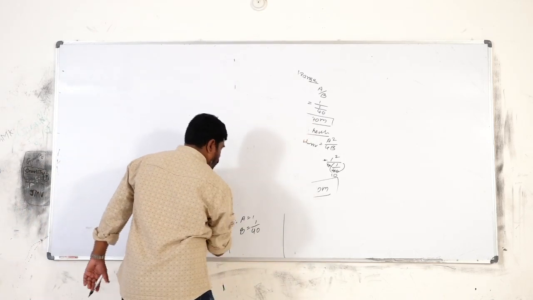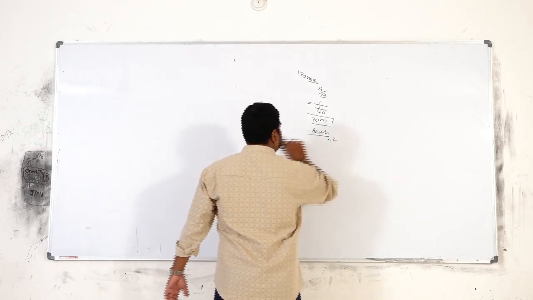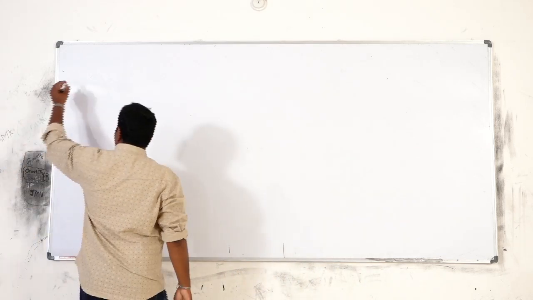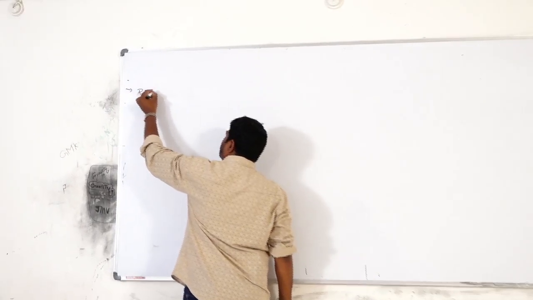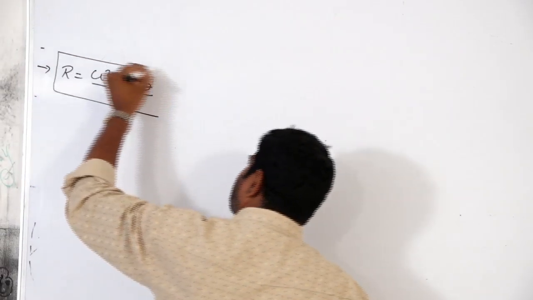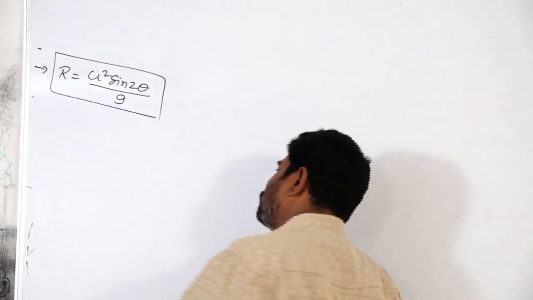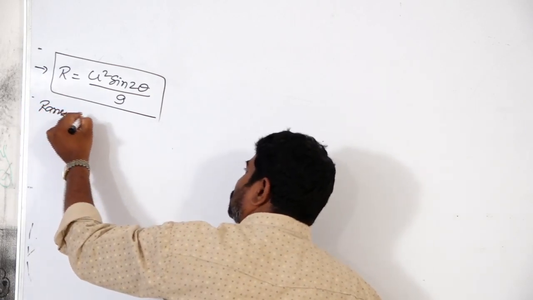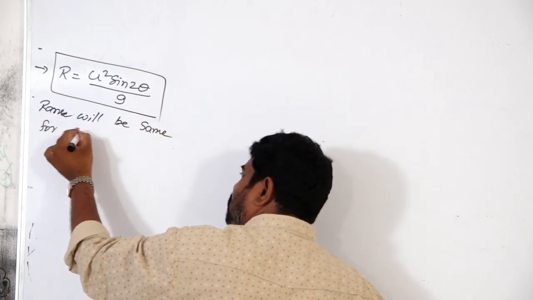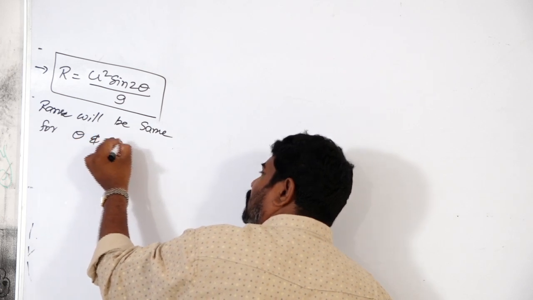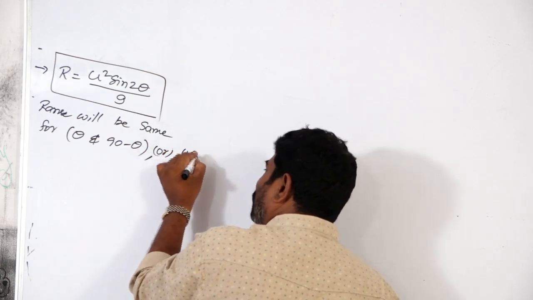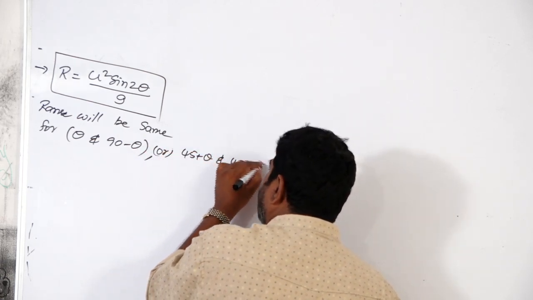This range will be the same for two angles of projection, those are theta and 90 minus theta, or 45 plus theta and 45 minus theta.